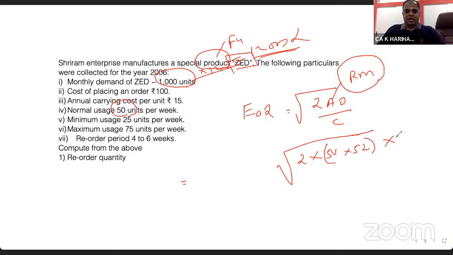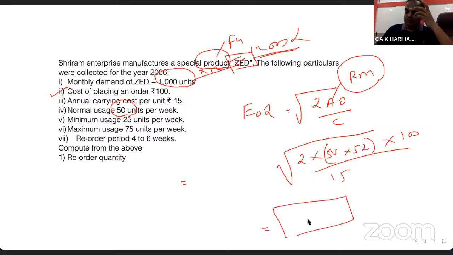Ordering cost per order comes to 100 rupees per order, the cost of placing an order. Divided by carrying cost per unit per annum, 15. So the answer for the EOQ is the square root of 2 into 50 into 52 into 100 divided by 15, which is equal to how much?